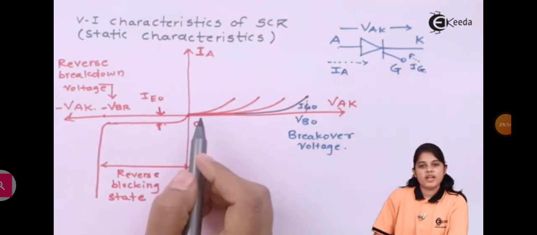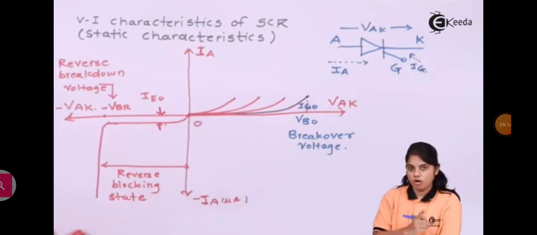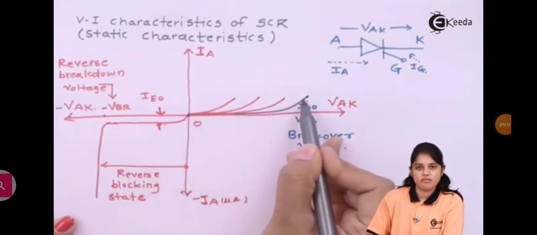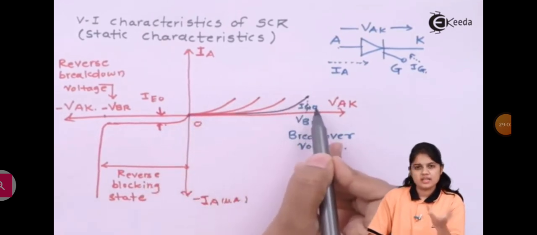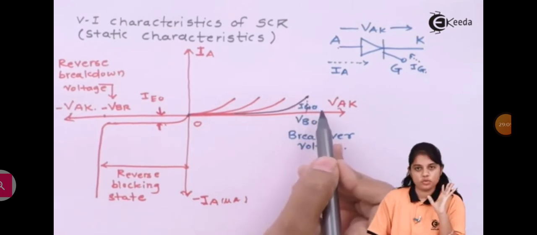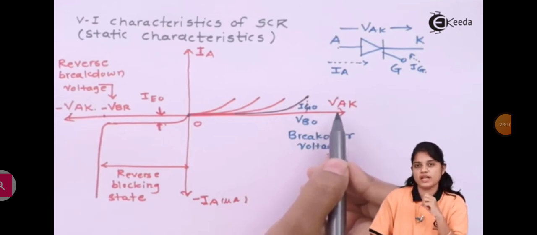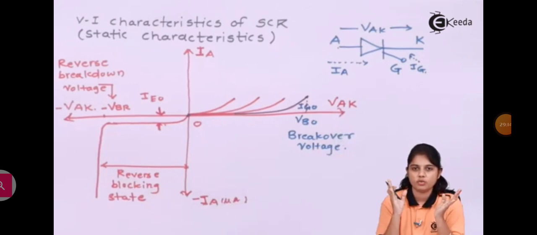and I can provide a gate current, a positive gate current, to turn on the SCR. Now let's see when the SCR will be turned on. So first of all, we'll consider this condition, that is the first graph where IG0, consider IG is equal to 0. There is no gate current provided. I have supplied the positive voltage to the SCR, that is, positive connected to anode and negative connected to cathode.